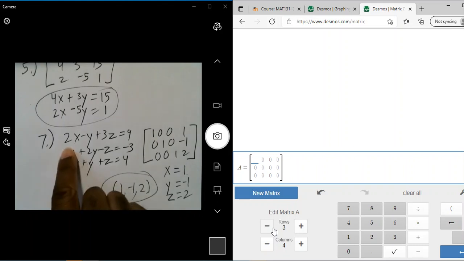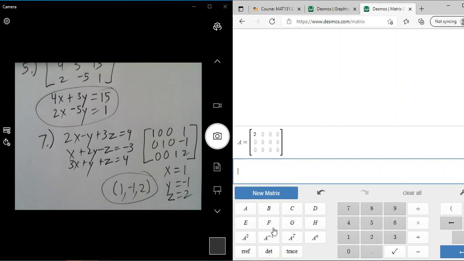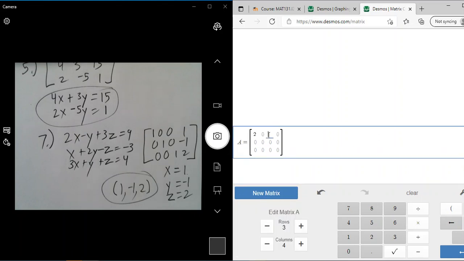Now you're going to type in all of these coefficients that you see here. So we have 2, then negative 1, then 3, then 9.